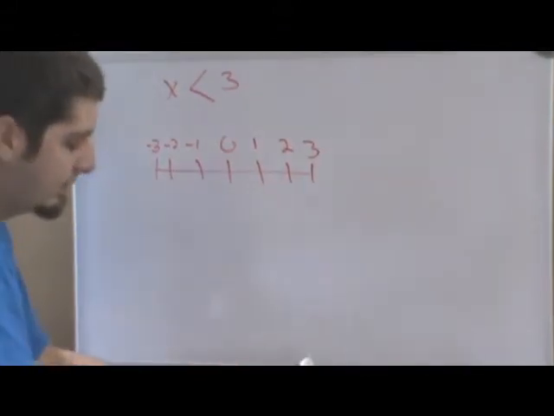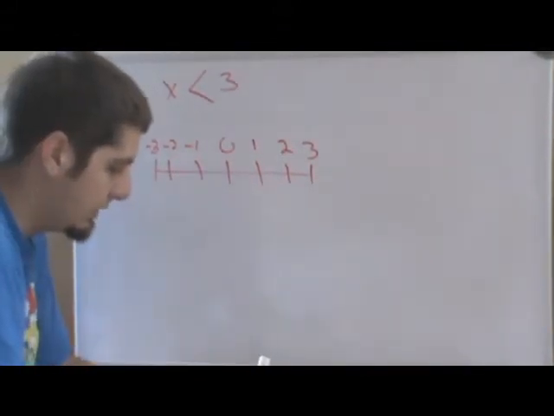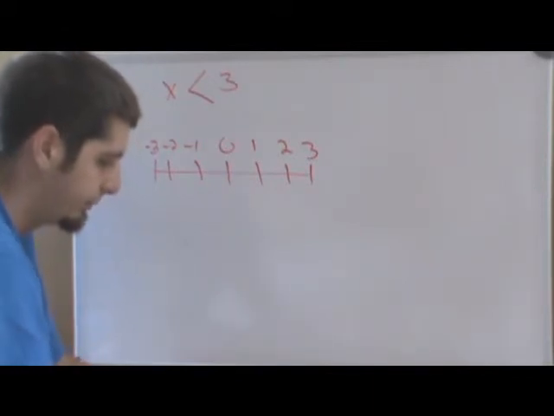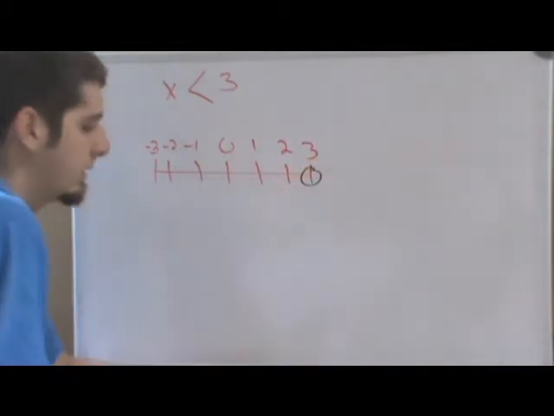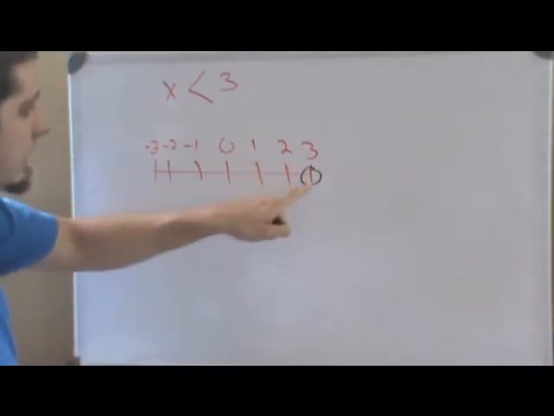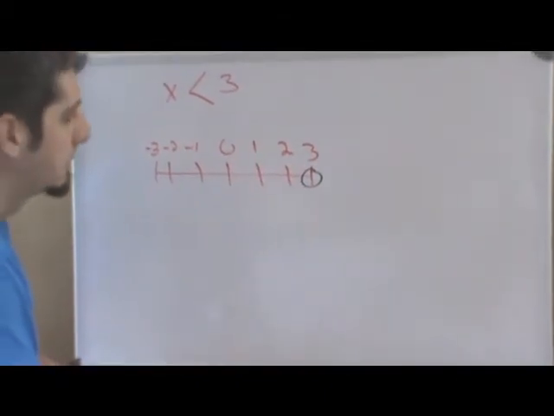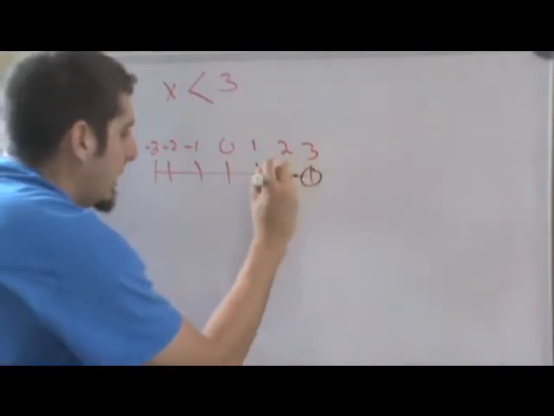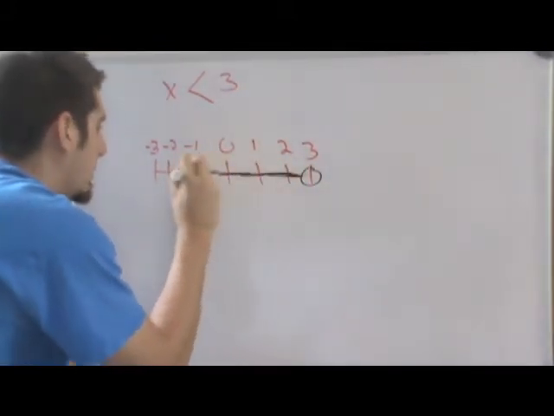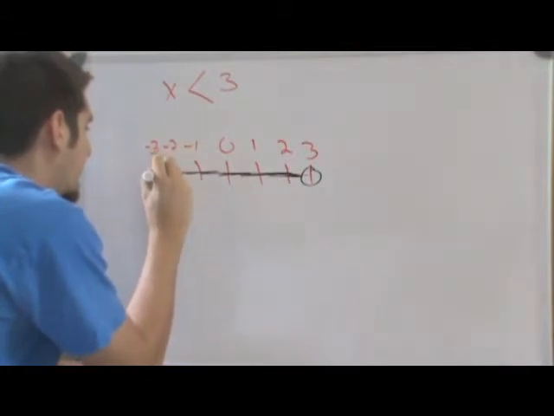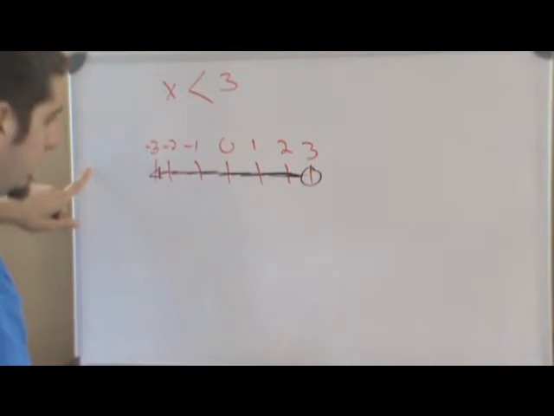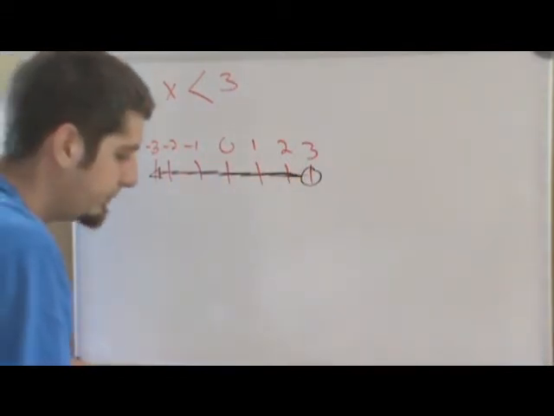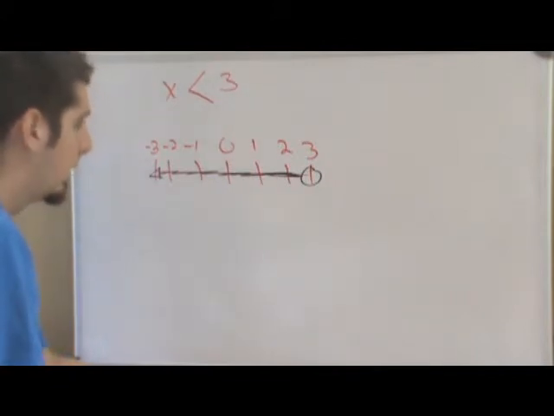So x is less than 3. What you're going to see in this situation is an open circle around 3, meaning that x can't be 3. Okay, that's what the open circle means. Then you're going to see a solid line going down the number line with an arrow on it, telling you that this is continuing. Okay, so it's any number less than 3. That's what that arrow is going to tell you.